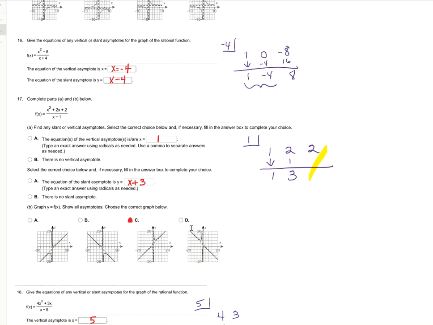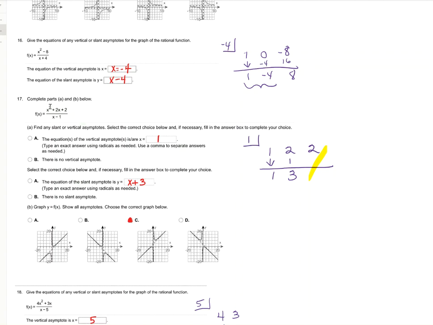Let's try 17. Vertical asymptote, x equals 1. Higher degree there than here, so we don't have a horizontal. We have a slant. We've got x squared plus 2x plus 2 over x minus 1. Vertical asymptote is x equals 1.